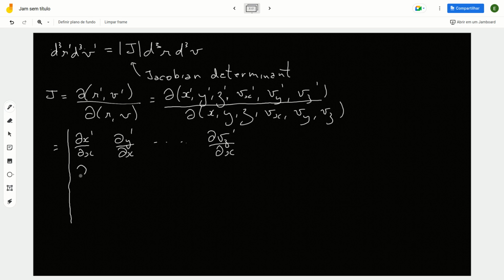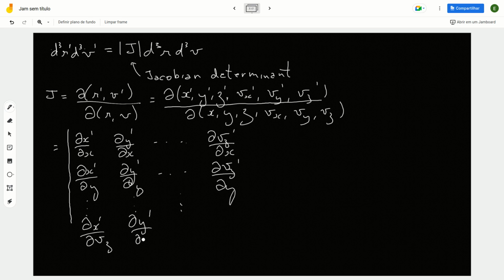Then you have x prime in relation to y, y prime in relation to y, everybody in relation to y, and so on and so forth. Then finally you have the derivative of everybody in relation to vz.